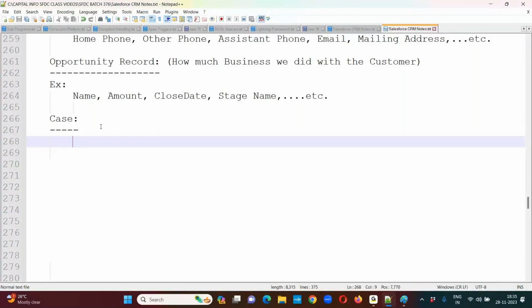Now, suppose for example, come to a scenario. Since the last 6 months, my product has been working very fine, no issue. Since today morning only, when I press the power button, it is not rebooting. Now, if I'm raising a complaint like this, I make a call to the customer care. One of the customer care executives receives my call. I give the information: dear customer support, my laptop is not working.